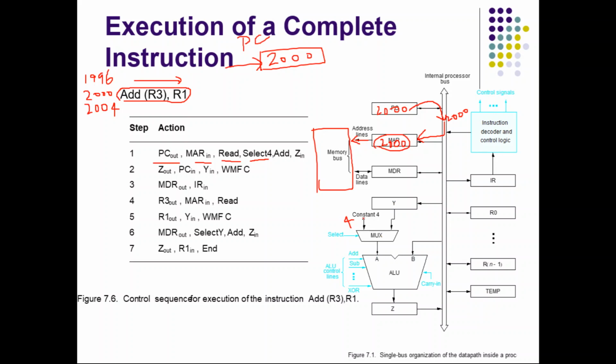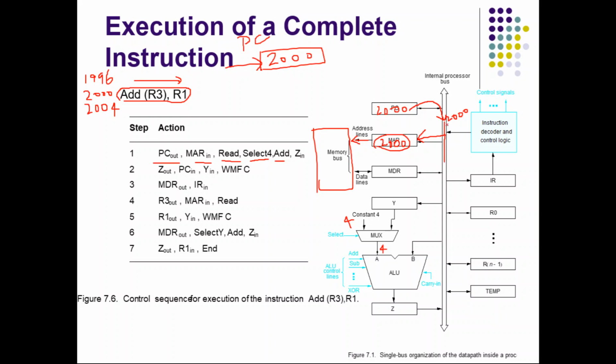So now we are selecting 4, not Y. So this 4 will be available at the first input of the ALU, that is the A input of the ALU. Next, we are saying add. Add with what? What is in the internal bus? The internal bus is holding 2000.